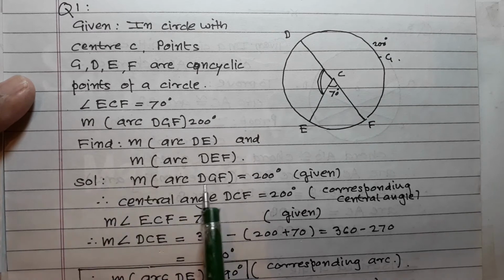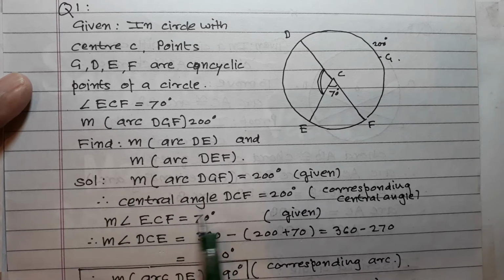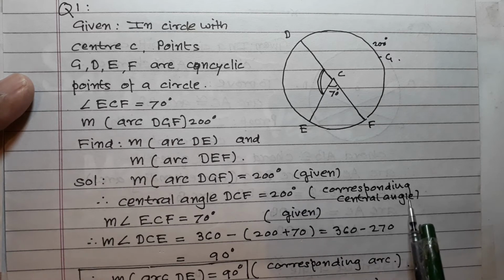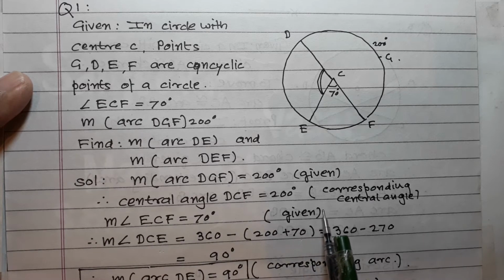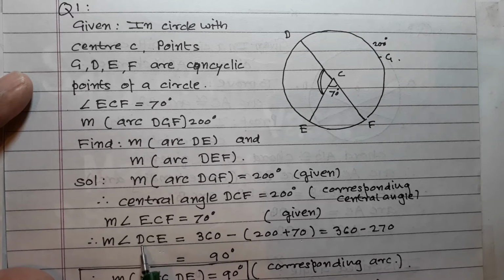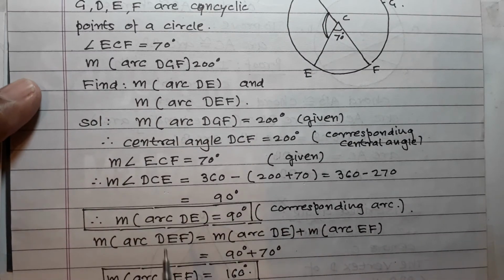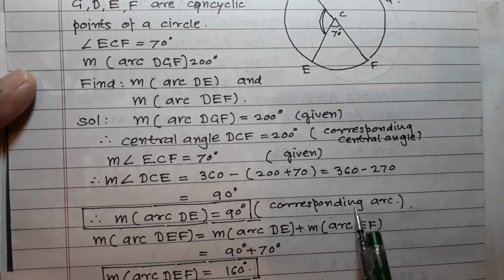Solution. Major arc DGF is equal to 200, given, and therefore central angle DCF is equal to 200, the corresponding central angle. Angle ECF is equal to 70 degrees, given, and therefore angle DCE is equal to 360 minus 200 plus 70, which gives 360 minus 270, equal to 90 degrees. Therefore arc DE is equal to 90, the corresponding arc.